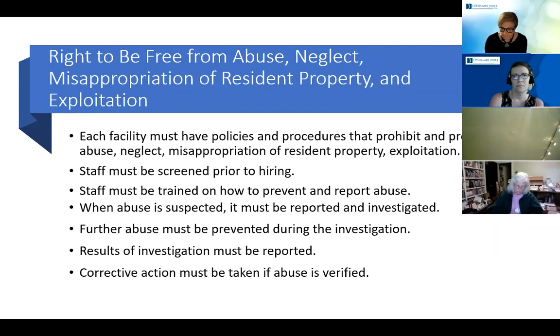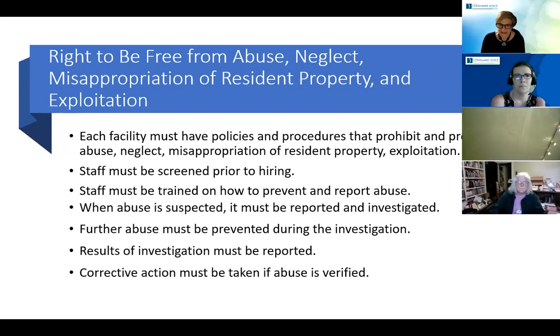So there are a lot of steps that are required for this. And if it's suspected that there's been a crime, the facility also has to report to law enforcement, so the police as well.